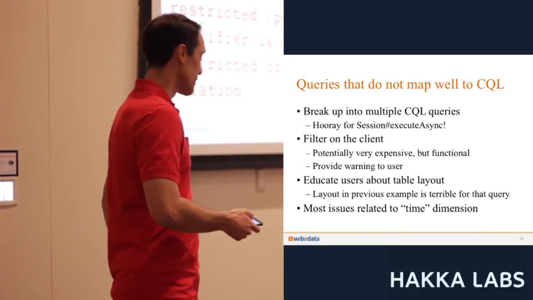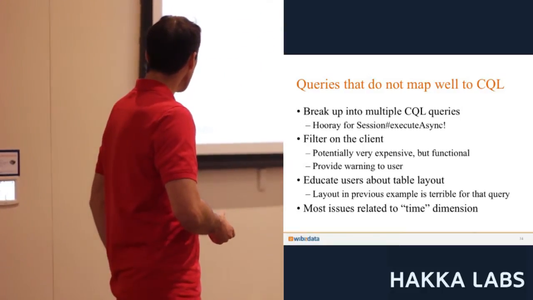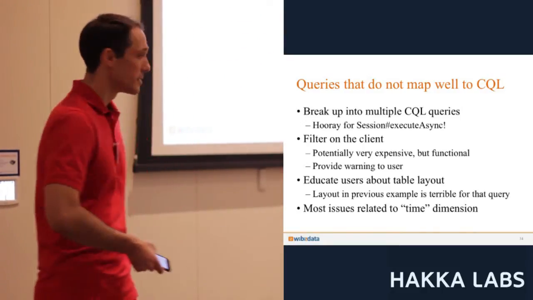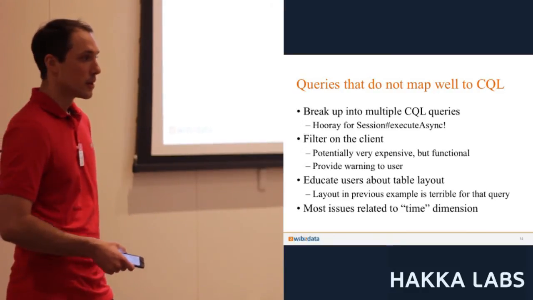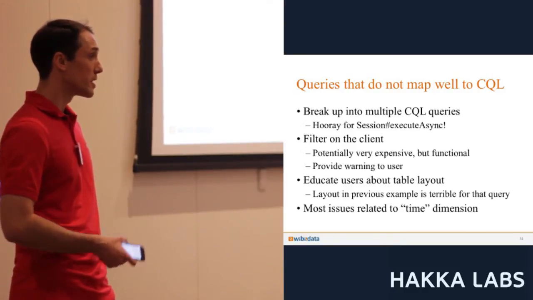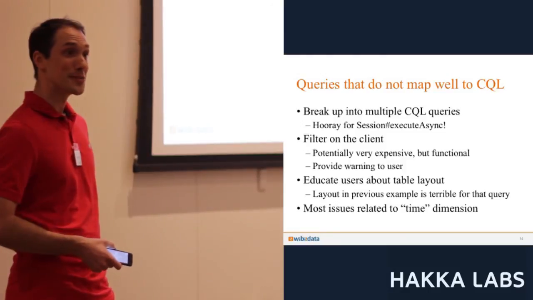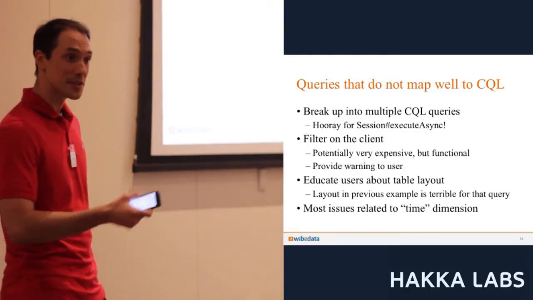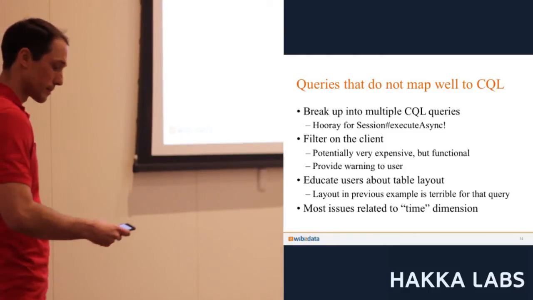But that's pretty terrible. The bottom line is that designing a table layout is pretty important. So really we have to work with the Kiji users and educate them about the best way to design schemas such that they match their query patterns well.